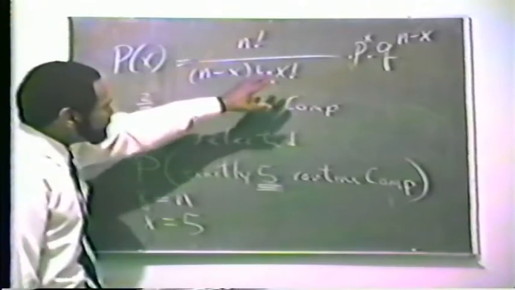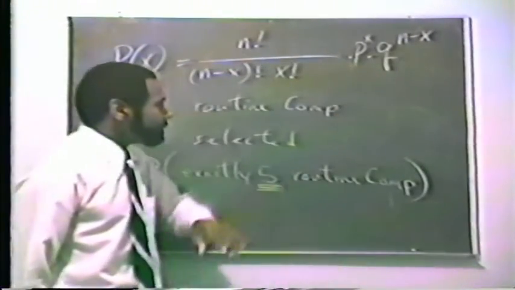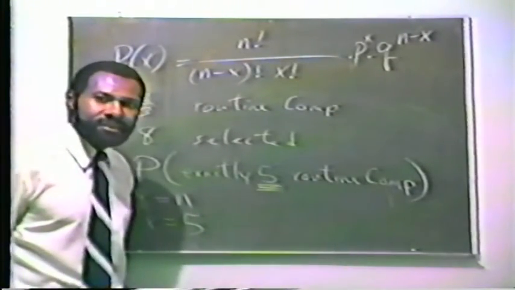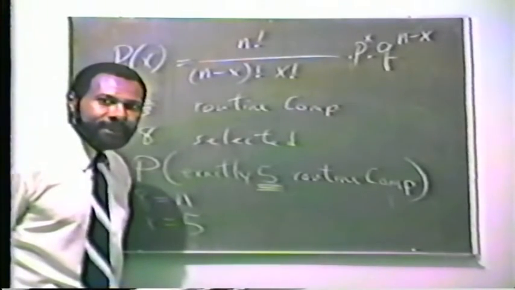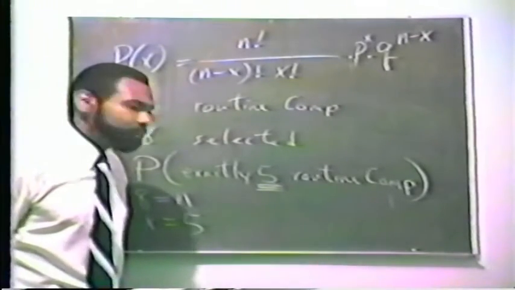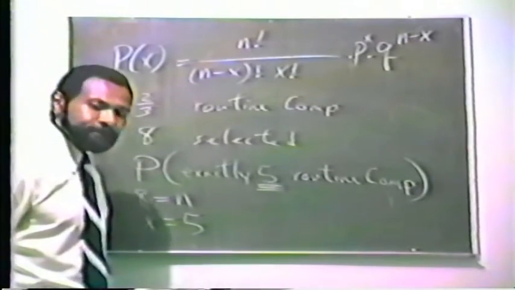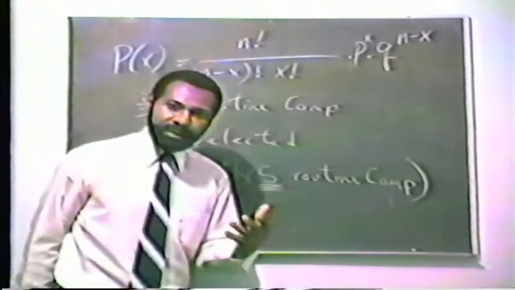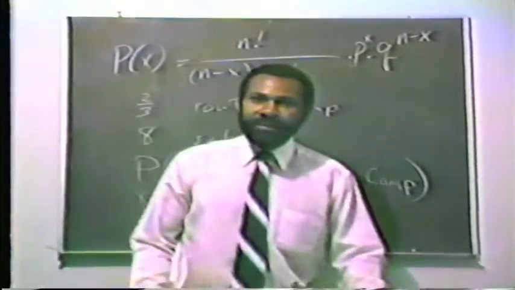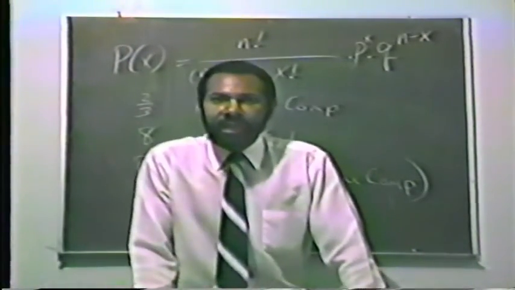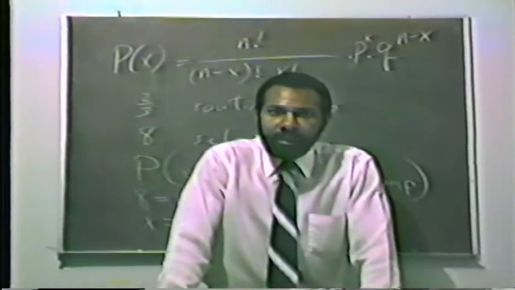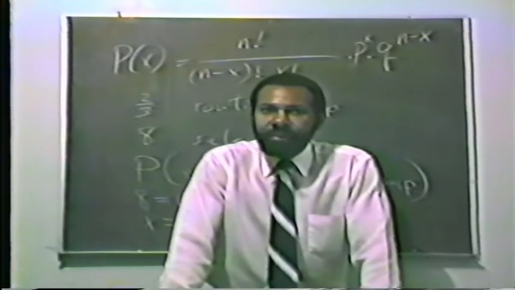Now, we need to know what P is, the probability of success in a single trial. If you recall, when we studied probabilities previously, we said that a percentage represents a probability.